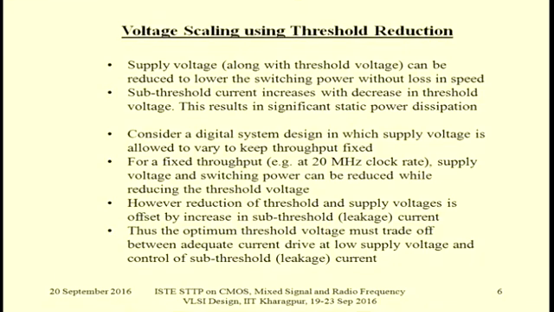Although a conscious effort is made to avoid direct current from the power supply rail to the ground rail, sometimes, due to rapid transition from on to off or vice versa, some direct path is established. So this power is more appropriately called short circuit power.